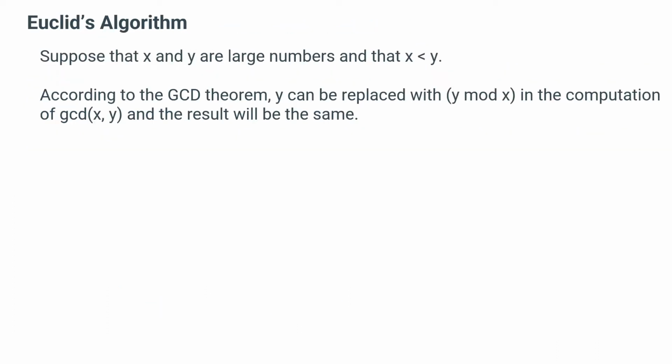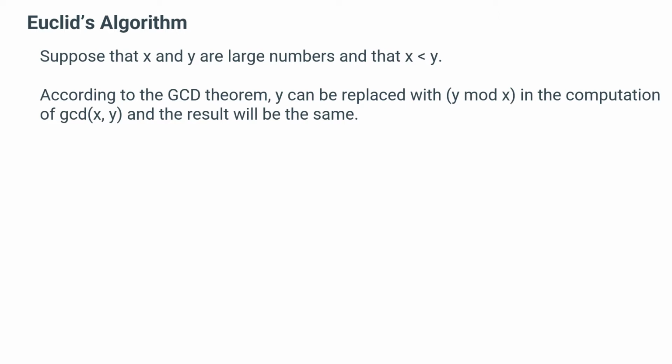So let's go through Euclid's algorithm. Suppose that x and y are large numbers and that x is less than y. Okay, we're going to assume that x is less than y. According to the GCD theorem, y can be replaced with y mod x in the computation of the GCD, right? And the result would be the same.